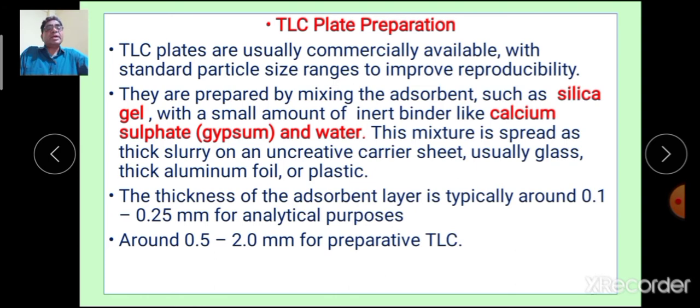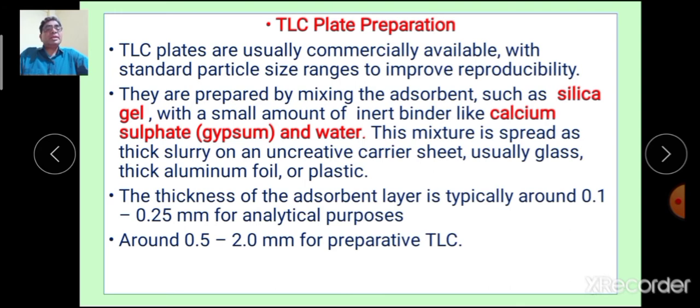Okay, they are prepared by mixing the adsorbent such as silica gel with a small amount of inert binder like calcium sulfate, that is gypsum, and water. The mixture is spread as a thick slurry on an unreactive carrier sheet, usually glass, thick aluminum foil or plastic.